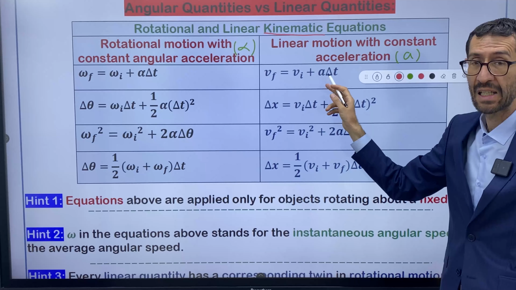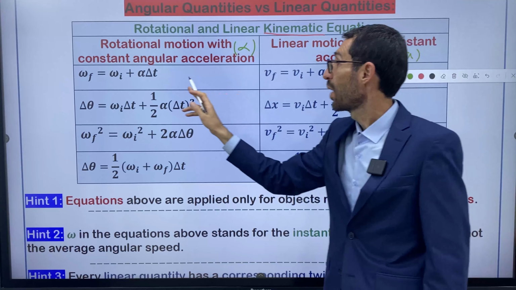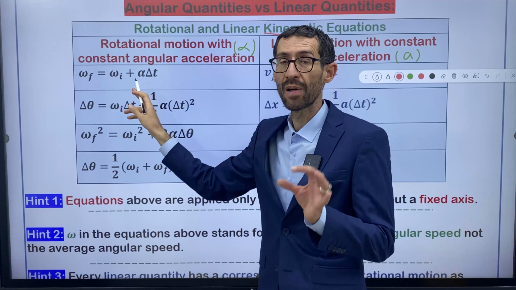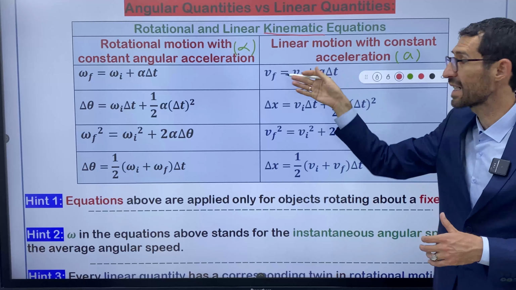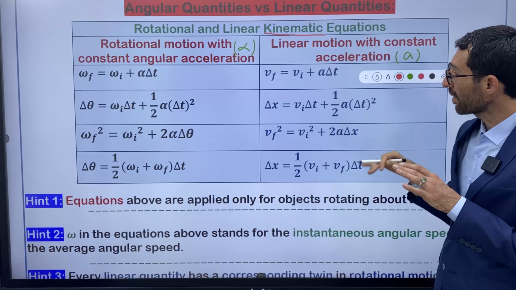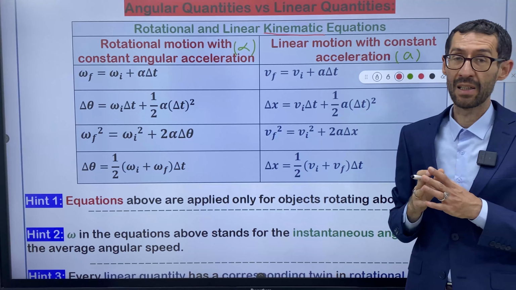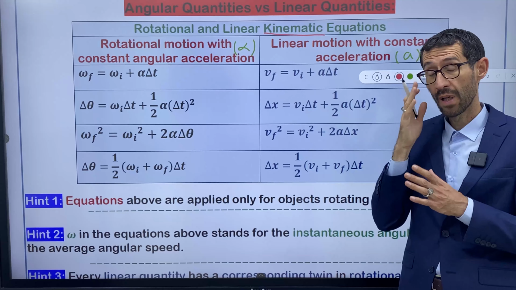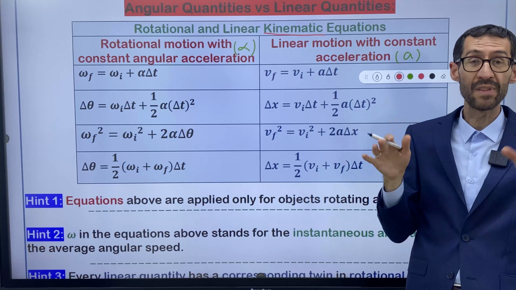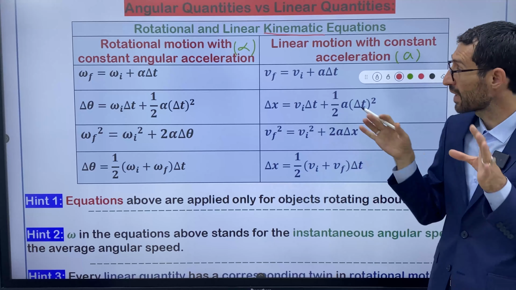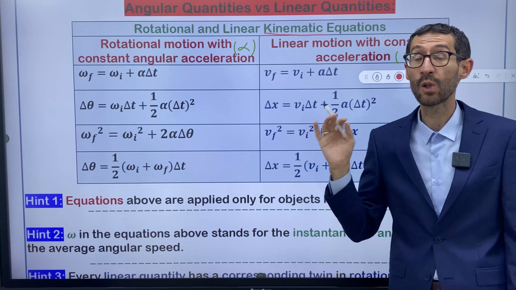A is linear acceleration in linear motion, and alpha means angular acceleration in rotational motion. And delta t is the same, right? They look alike. They have the same form, but different physical quantities.